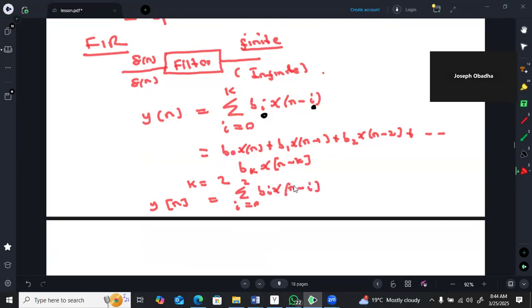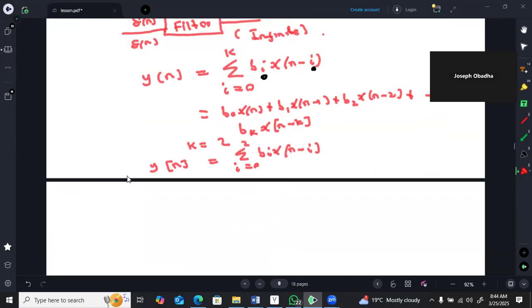Substituting the values, y of n equals b0 x of n plus b1 x of n minus 1 plus b2 x of n minus 2.